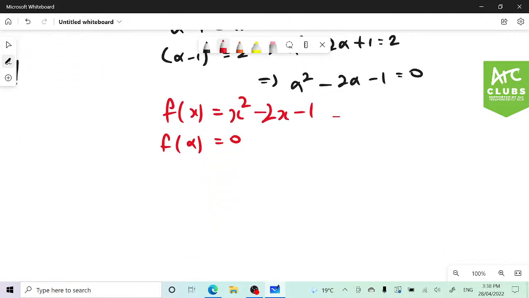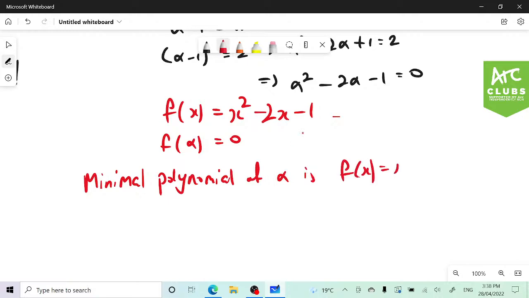Cool. Alright, so the minimal polynomial of alpha is f of x equals x squared minus 2x minus 1.